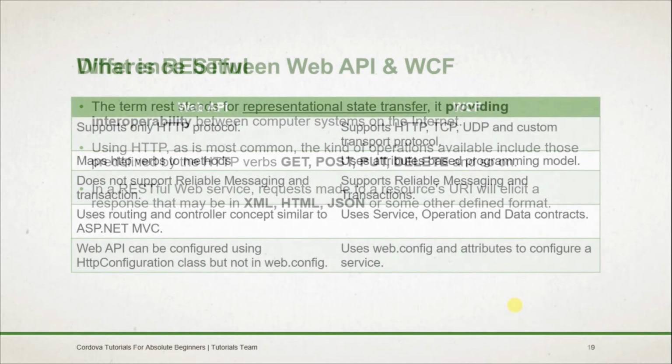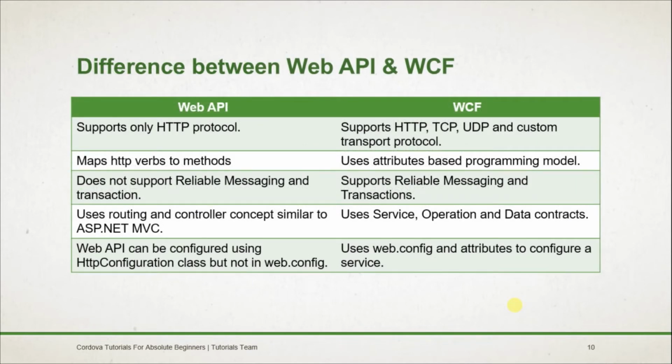Let's see the difference between the Web API and the WCF. Both of them are designed for providing services, and both are developed by Microsoft. Let's see why there are two different ways that exist for providing the same thing. What is the difference between both of them? Web API supports only the HTTP protocol, while WCF supports HTTP, TCP, UDP, and other custom transport protocols too. Web API maps the HTTP verb to the method, whereas WCF uses the attribute-based programming model.